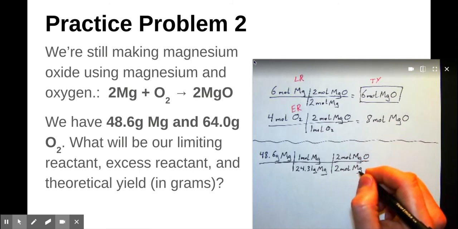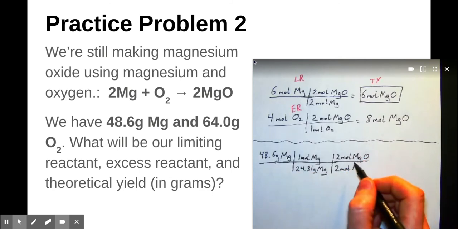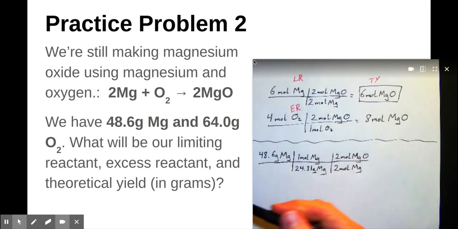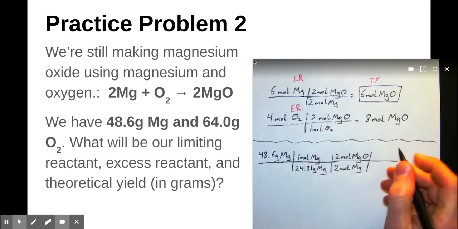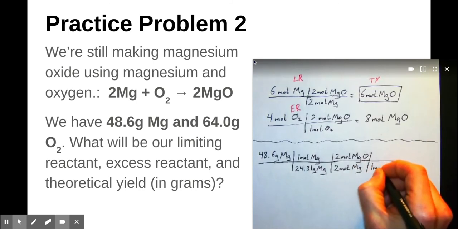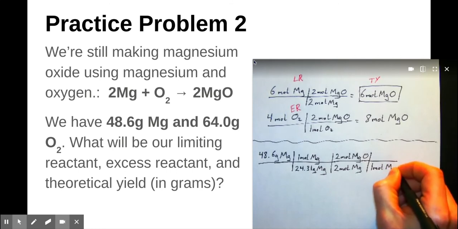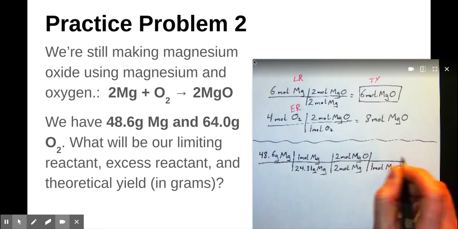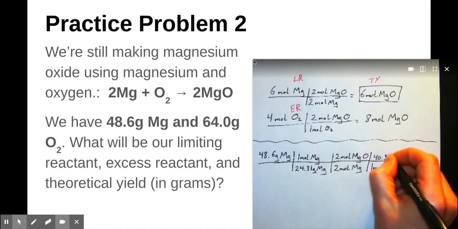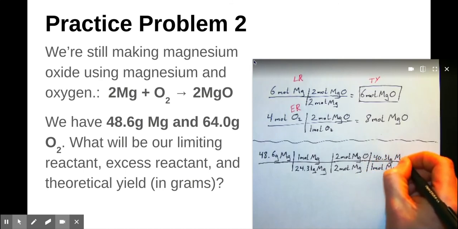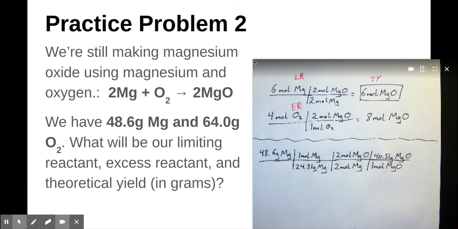Now, we're still not done because if we were to stop there, we'd have how many moles of magnesium oxide we can produce. And we want to know grams. So we now have to use the molar mass of magnesium oxide, which is 40.31, to figure out how many grams of magnesium oxide we can make.